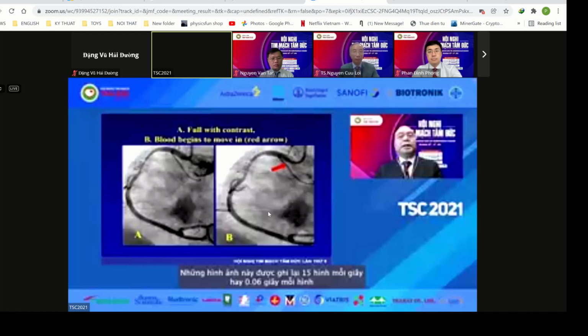So the lesion is formed at the inner border of a curve. Let's say now we have an acute occlusion, an acute MI. Where do we point the tip of the wire? The tip of the wire has to follow the outer curve because this is where the lumen is.